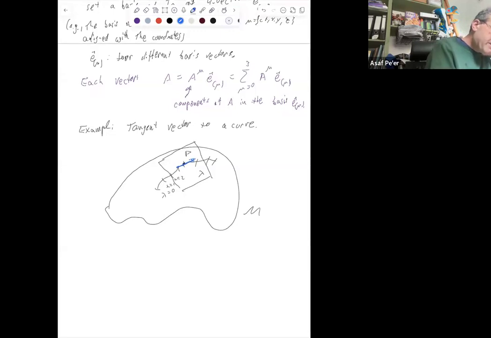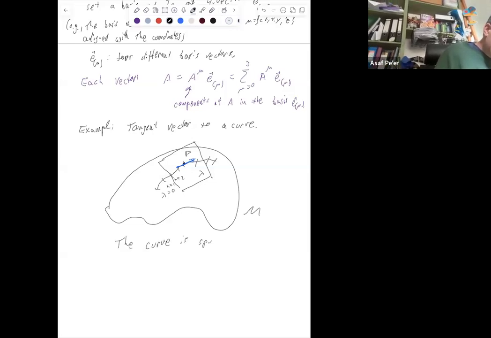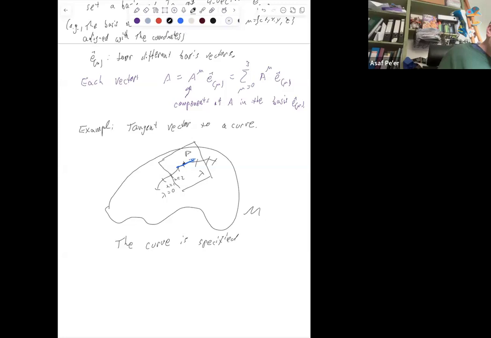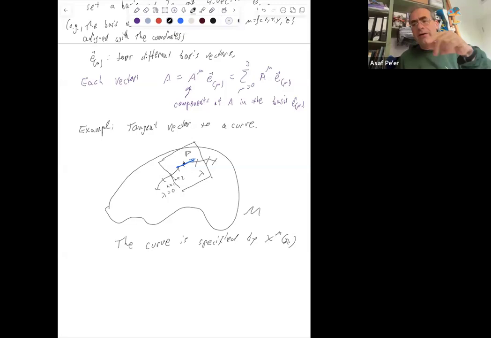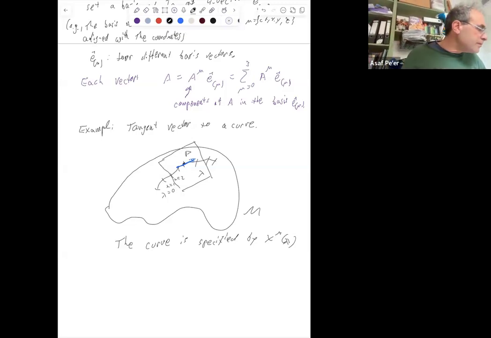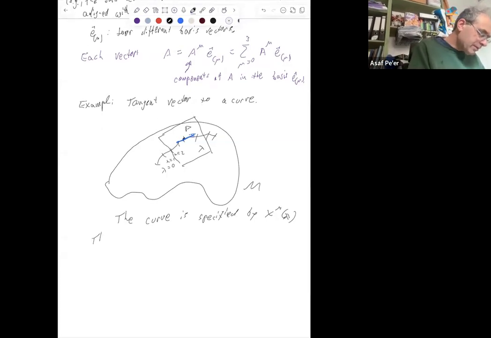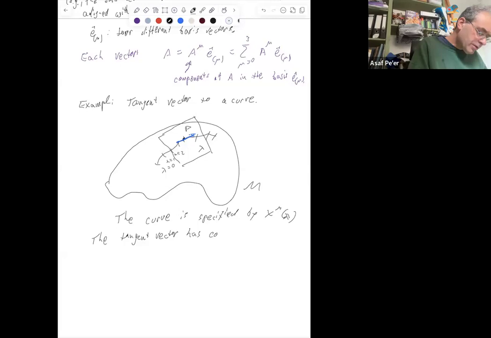So the curve itself is specified by x mu of lambda, how the coordinates change as I'm going along the curve, along the path lambda. So the tangent vector has components. What will they be?